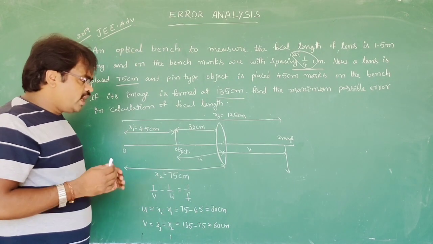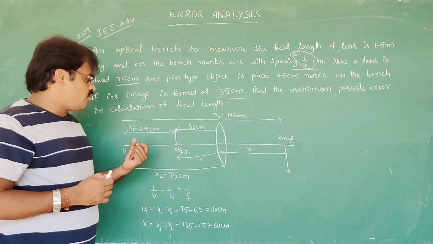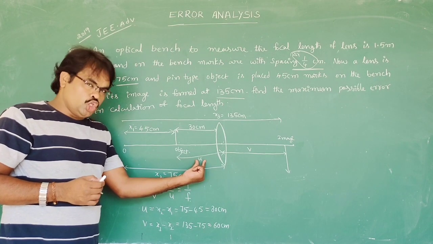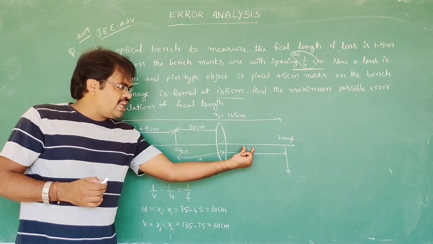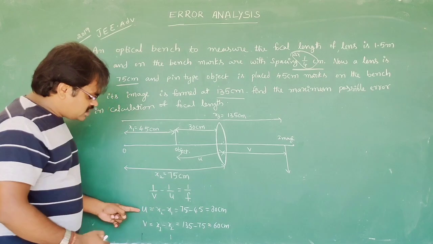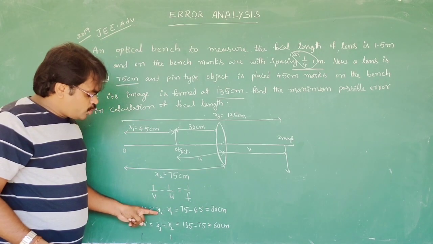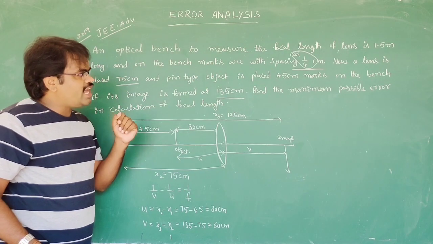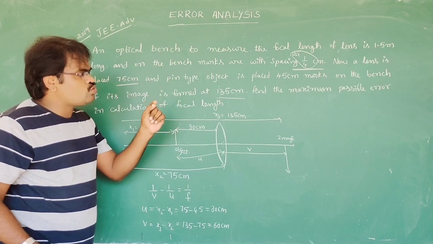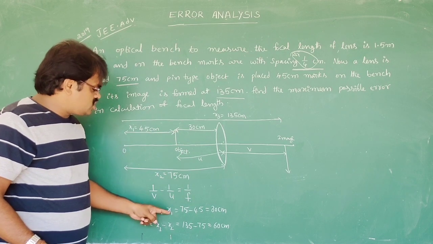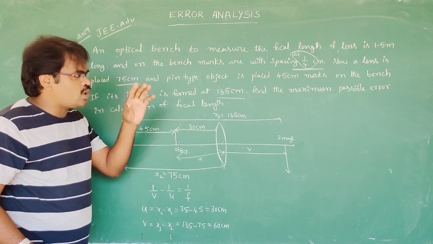Now, what is the error in U, and what is the error in V? In both formulas we can see differences. We mark the position of the lens with spacing error of 1/4 centimeter, and the object position also has spacing error of 1/4 centimeter.